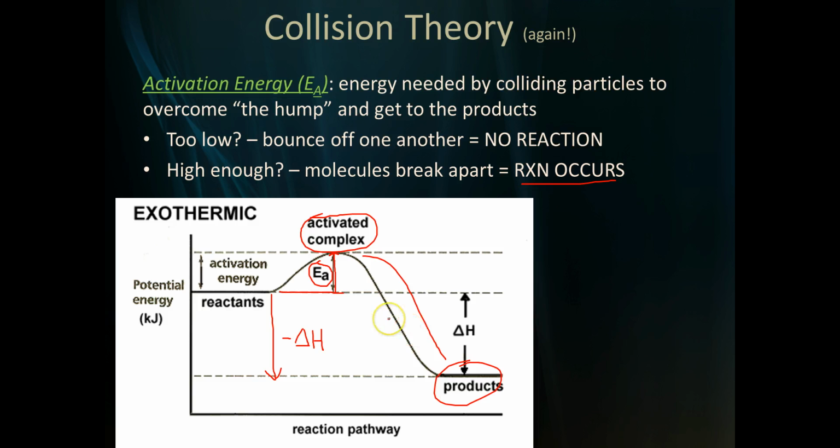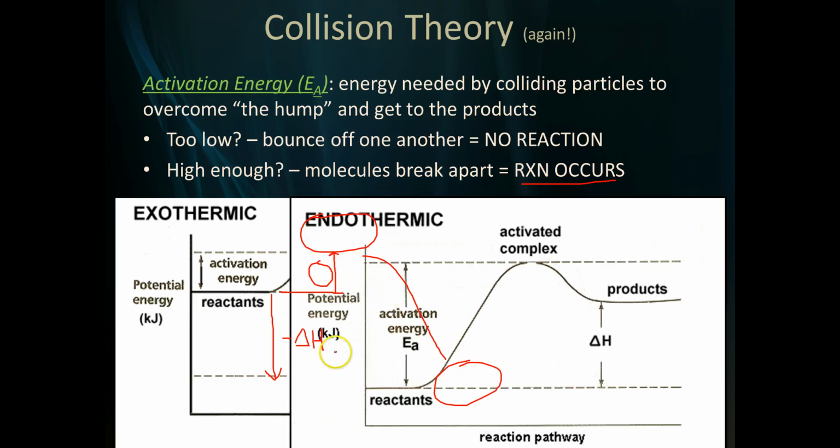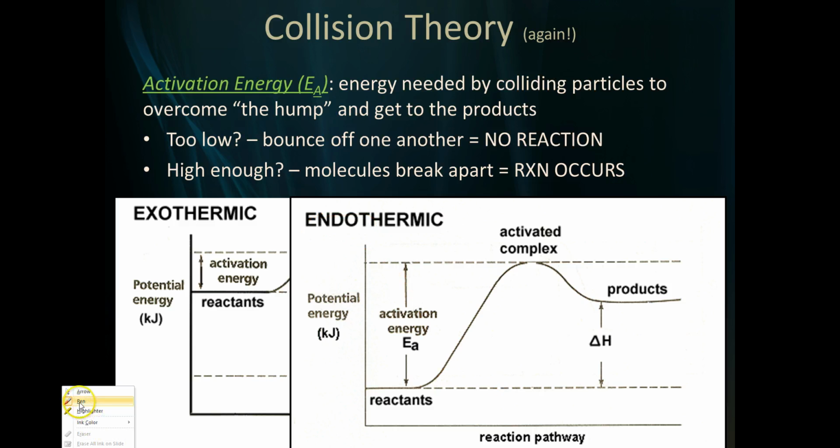In an endothermic reaction, your reactants start lower and products are higher. This is not necessarily favorable, but if we do want it to happen, we have to get these reactants all the way up to the top right here. Here you see the activation energy listed over here.